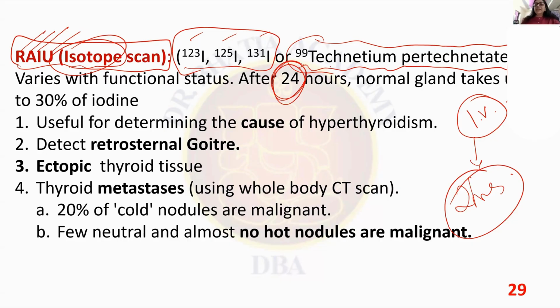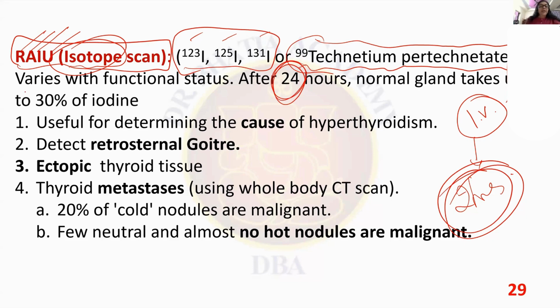So this dye is injected IV, and after 2 hours, by the time the blood circulation takes this radioactive technetium pertechnetate to the gland, the camera images are collected, and that result is released in 2 hours.